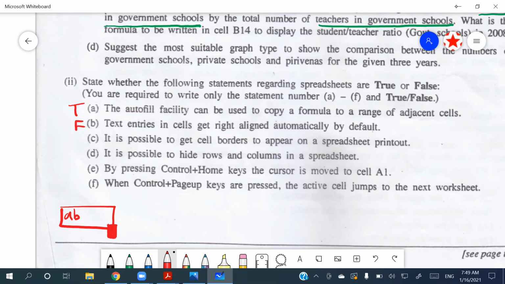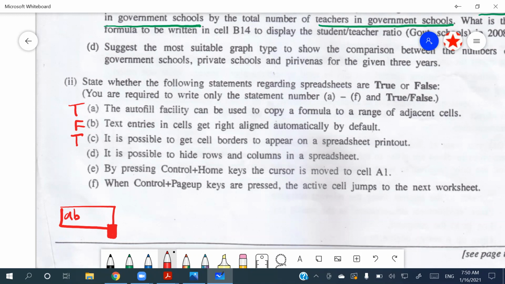C, it is possible to get cell borders to appear on the spreadsheet printout. Yeah, once you activate the borders, we can print them on the printout. So C is going to be true. D, it is possible to hide rows and columns in a spreadsheet.